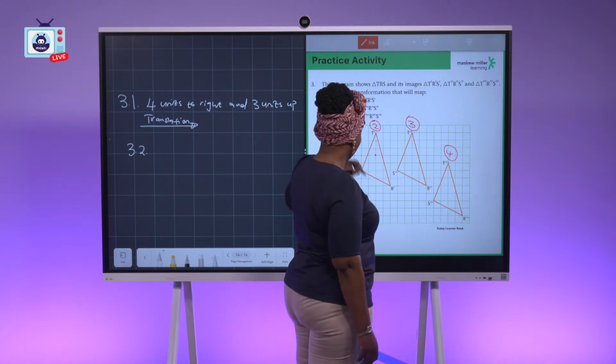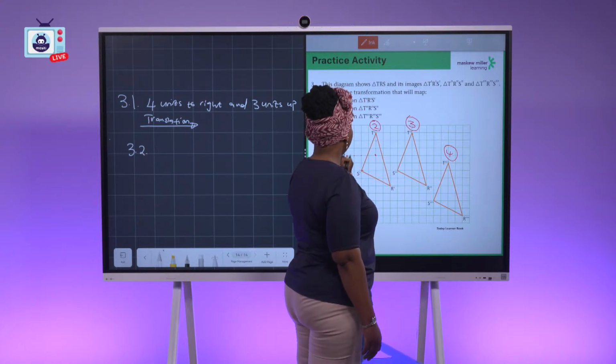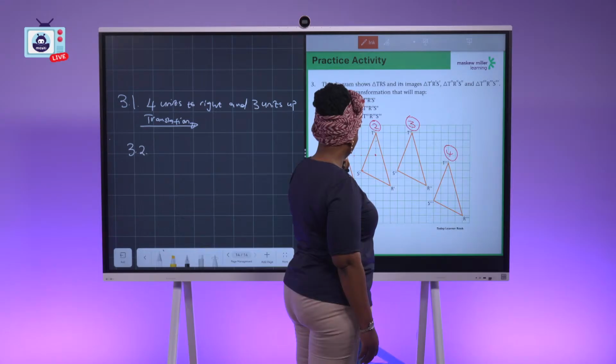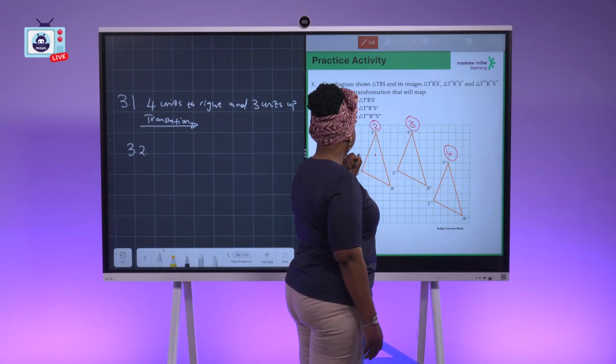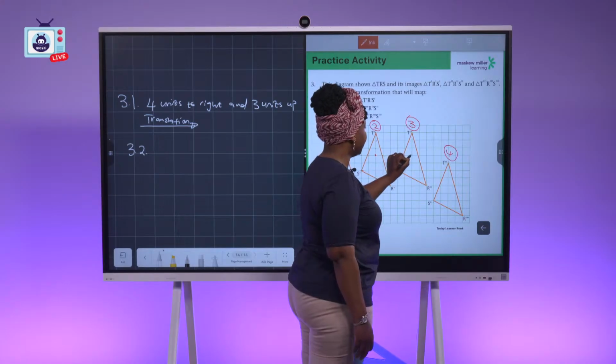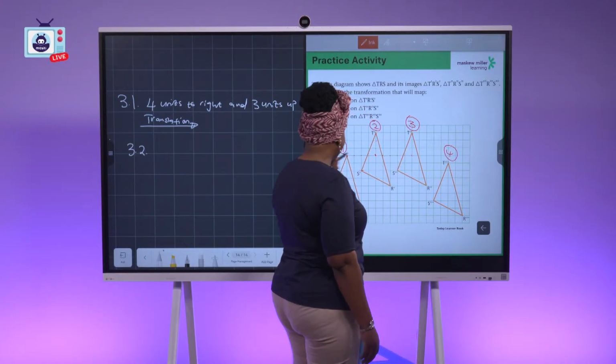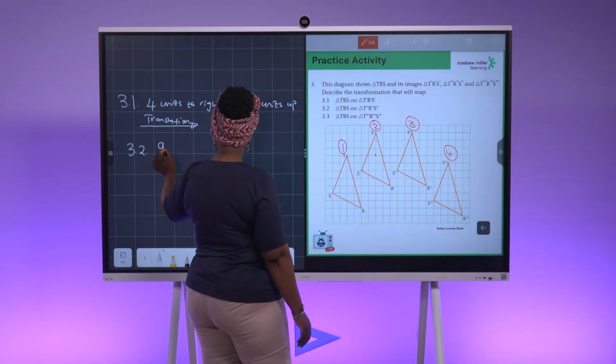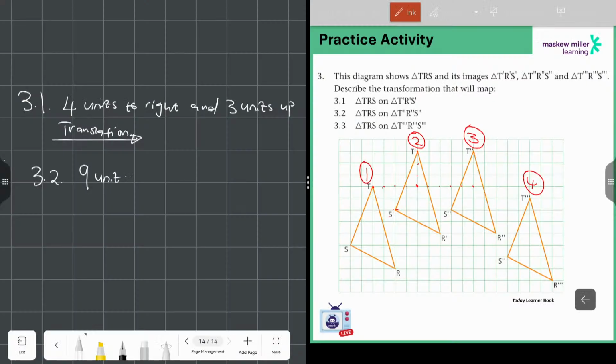So if I ignore the second one, I would still say what happened from the first one, it's like I moved 1, 2, 3, 4, 5, 6, 7, 8, 9. So now I have moved 9 units instead. So you're going to say you had moved 9 units, right? 9 units to where? To the right. So you have moved 9 units to the right.